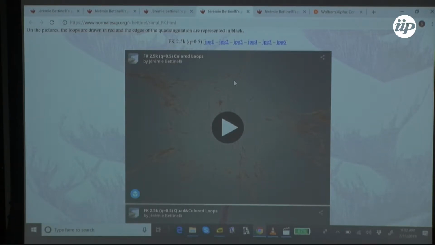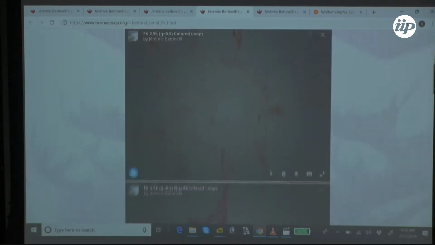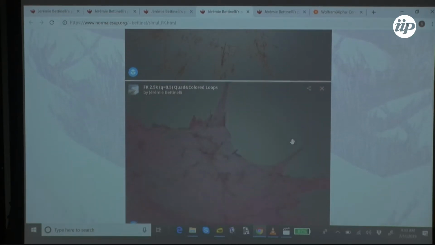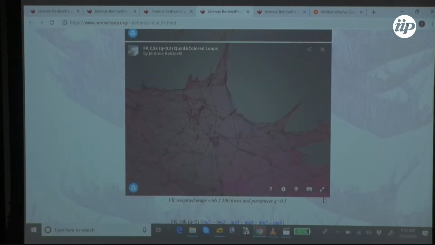So let me show you some pictures of this. This is like a Q-state Potts model with Q equals 0.5. So this is going to be smoother. Here's another picture of that same thing. This is a little bit smoother than what you saw before.